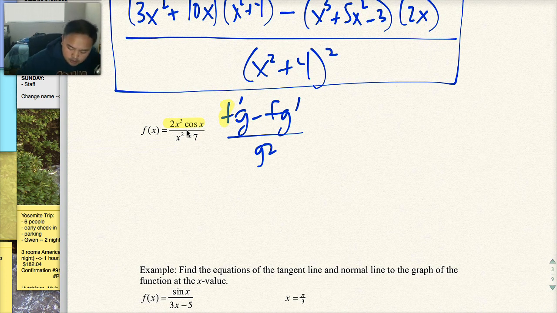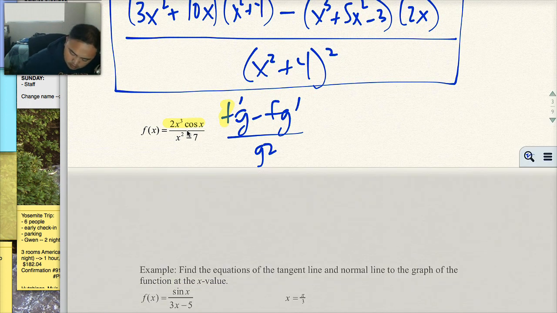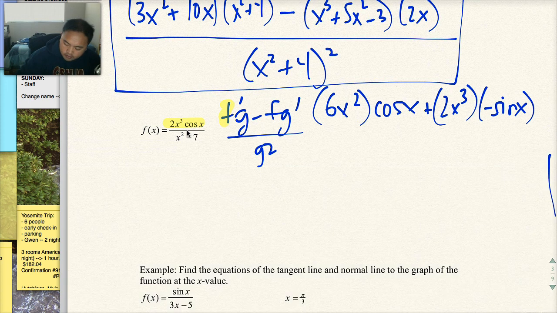Let's do the derivative of the numerator, which is a product rule: derivative of the first one, which is 6x². Leave the second one alone, cosine x, plus leave the first one alone, 2x³, and derivative of the second one, derivative of cosine is negative sine x. So that is the derivative of the first one.